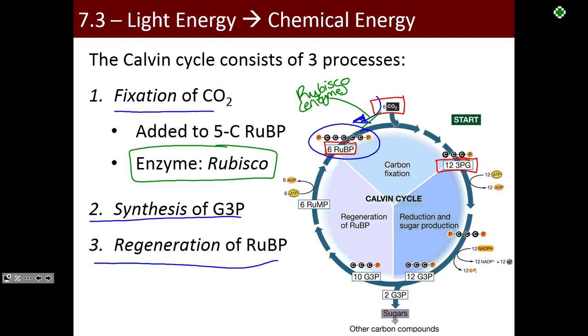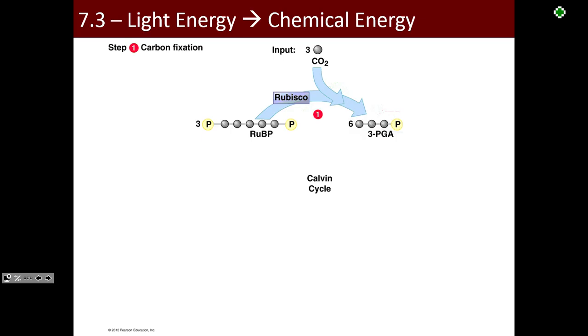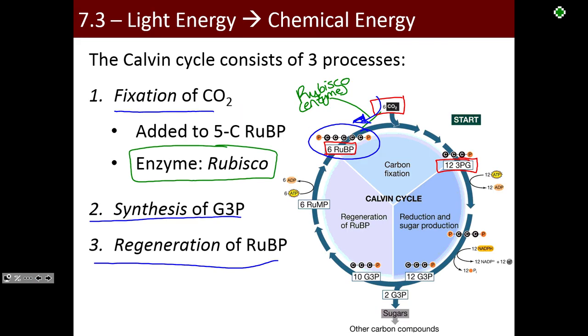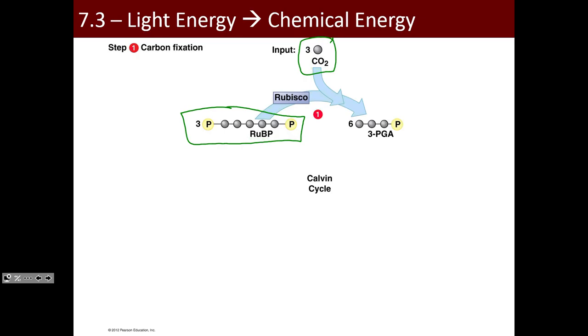Okay, so we have fixed carbon, make some sugar, regenerate RUBP. So we start with our RUBP molecules, and we add our carbon dioxide. You'll notice that this diagram says 6. This diagram says 3.